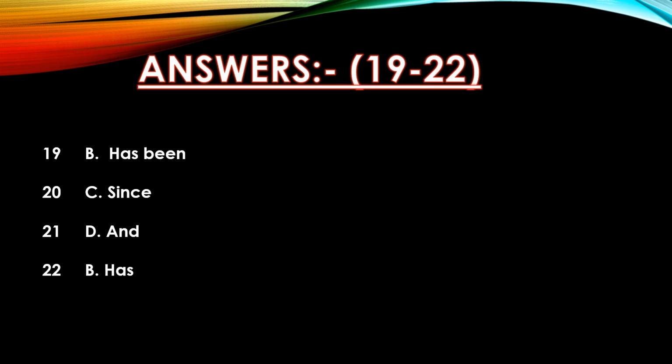You have to write these options and also the choice. For example, B, has been. C, since. D, and. B, has. Likewise, you have to write in your answer booklet.